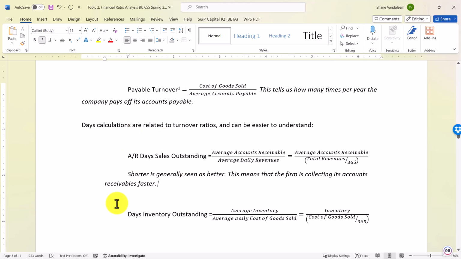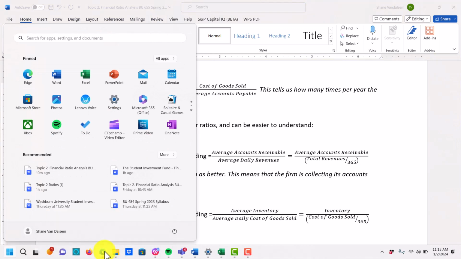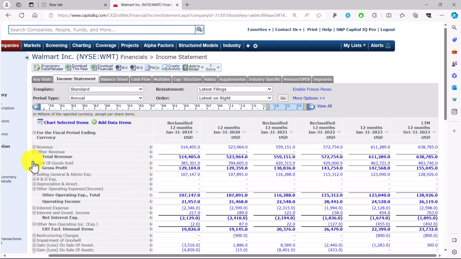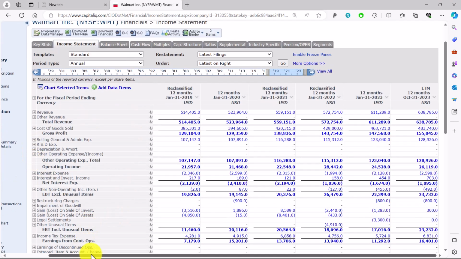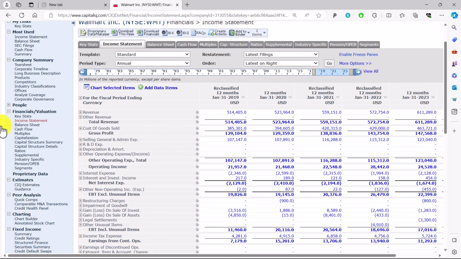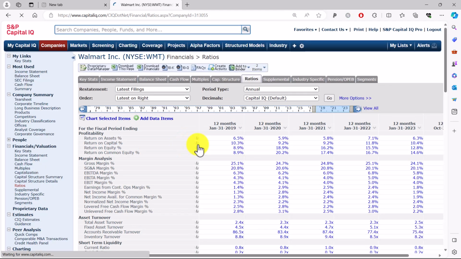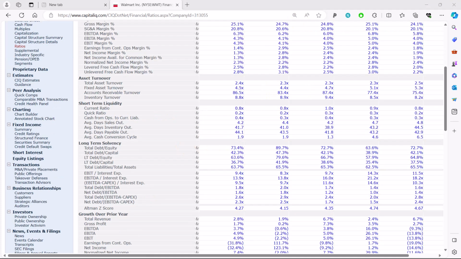So I'm going to pull up Walmart here. They're going to look a little weird here, but they do have a number for this, so we're going to take a look at that. So I'm going out here on Capital IQ. I'm looking up the ratios for the firm, and I'm going to scroll down here to the short-term liquidity.